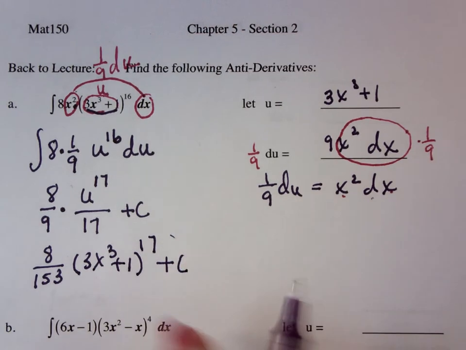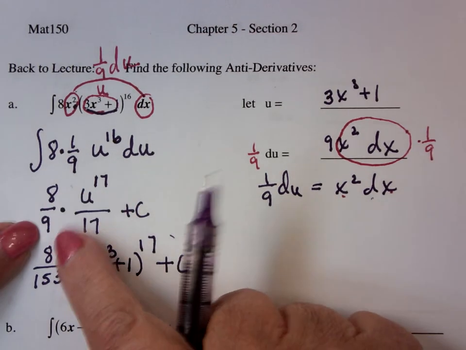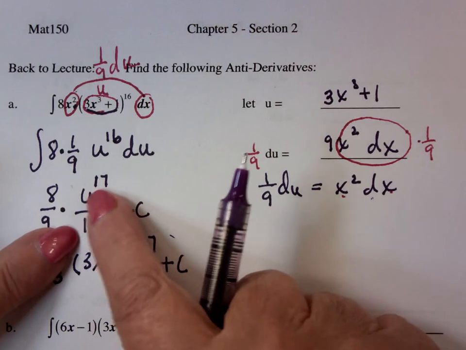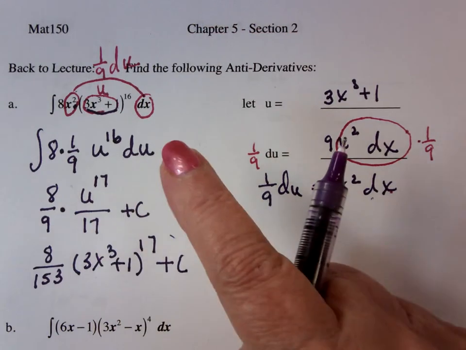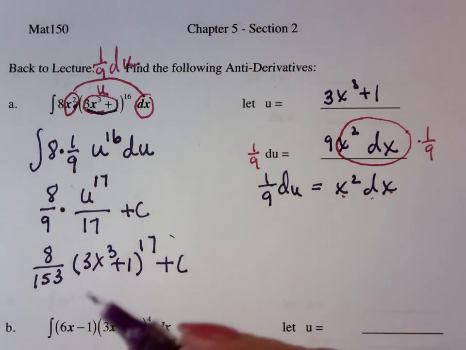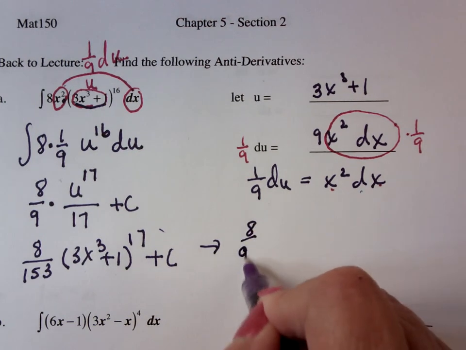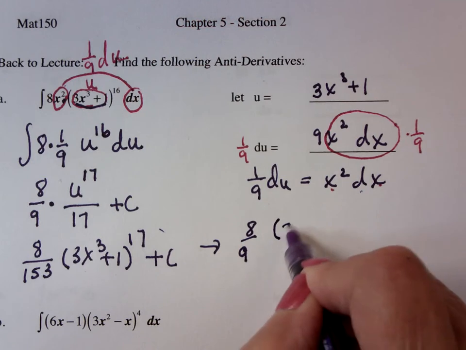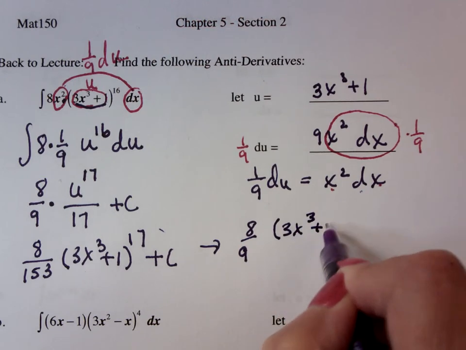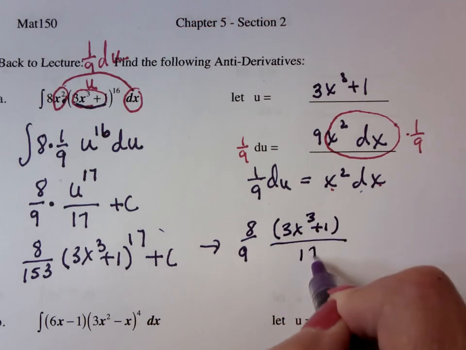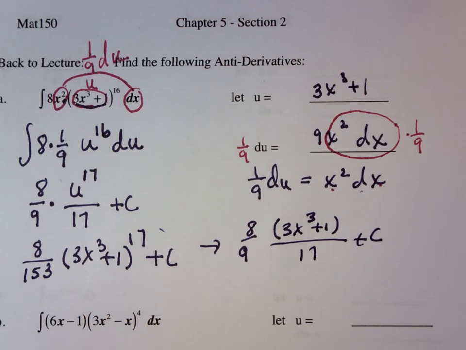Now, by the way, could I have just left it as 8/9 times u to the 17th over 17 and just replaced u by 3x cubed plus 1? Sure, that would have been fine too. I could have written it as 8/9 times (3x cubed plus 1) to the 17th over 17 plus c. That would be fine too. It might be quicker.